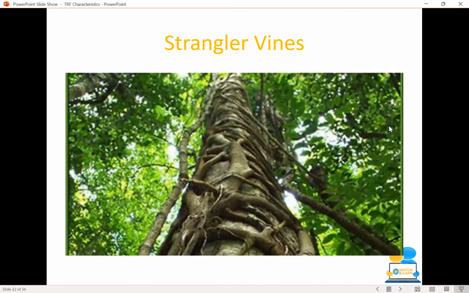This would be another type of parasitic plant. This is a strangler vine that essentially grabs hold of a tree, takes a ride up to the sunlight, and over time, the strangler vines can, as the name suggests, strangle a tree, take all the nutrients from it, and it can eventually end up killing the tree. Such is the force with which the strangler vine can take nutrients and also hitch a ride up to the sunlight as well.